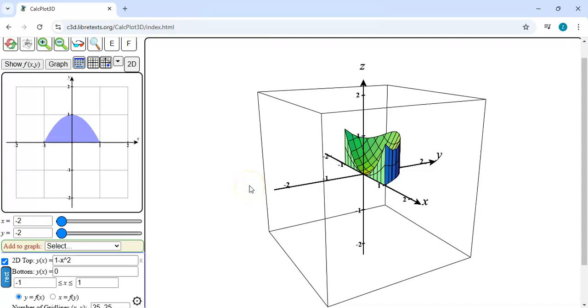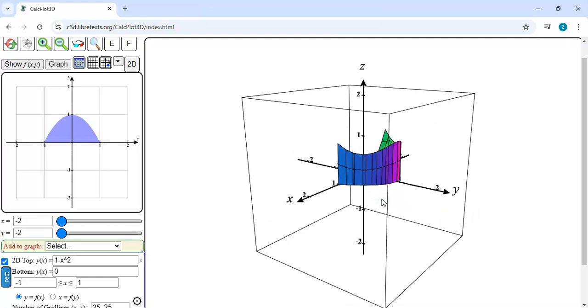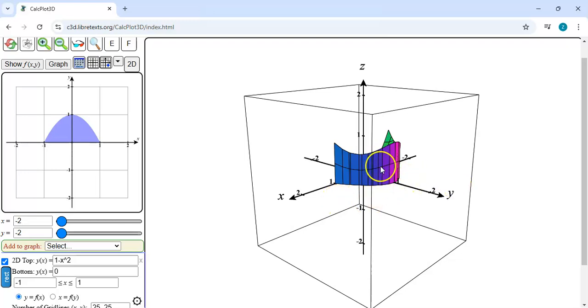However, if you do want to see what volume you're talking about, picture things in 3D, then CalcPlot3D can do a little bit more because it can show you this picture on the right.